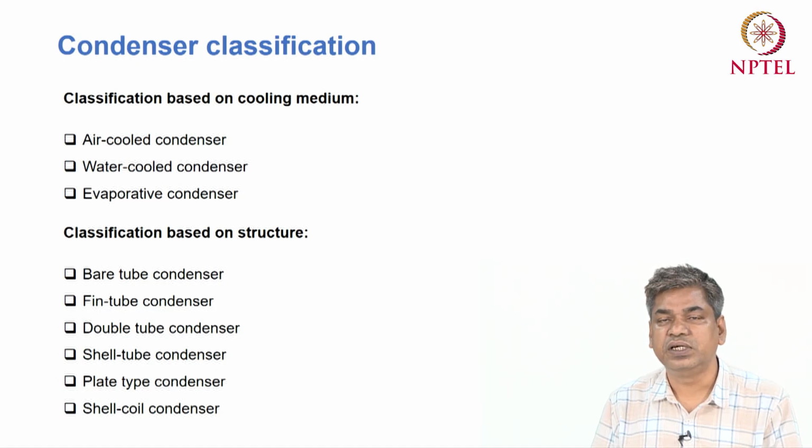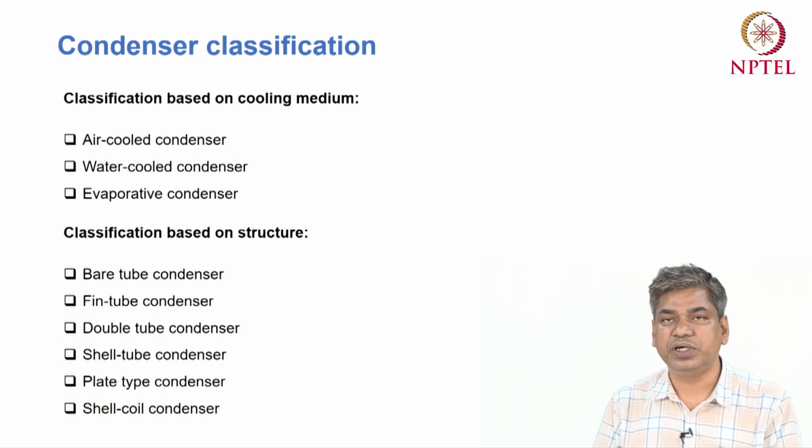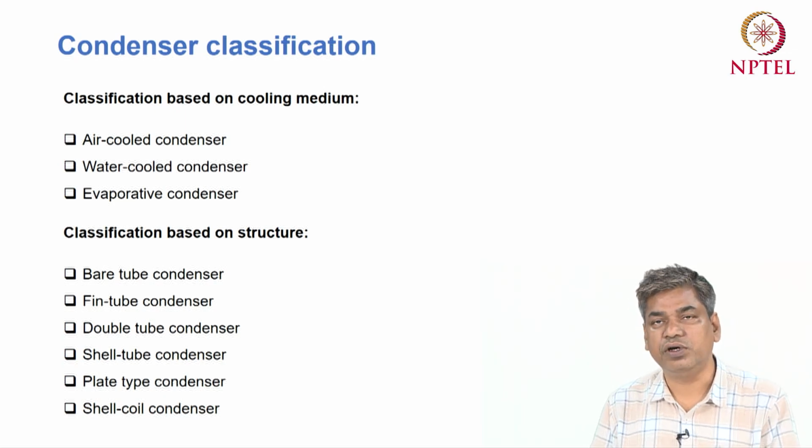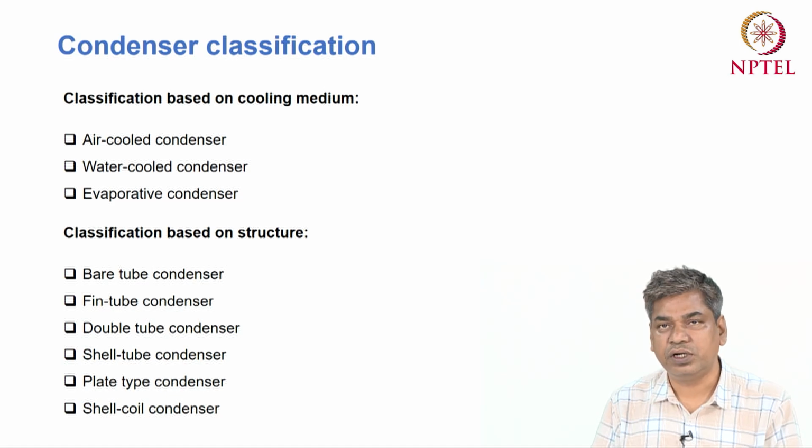If we use air as the cooling media for the condenser, it is called an air cooled condenser, and if we use water as the cooling media, it is called a water cooled condenser. The evaporative condenser is basically the combination of the air cooled condenser and the water cooled condenser. What I want to mention here is that instead of water we can also use another liquid for the condenser cooling system.